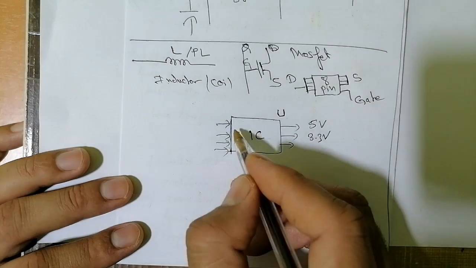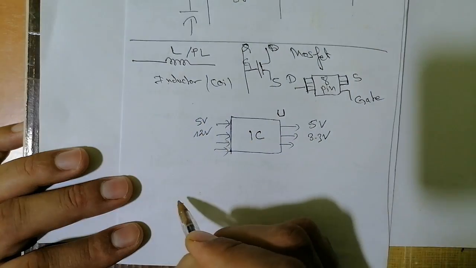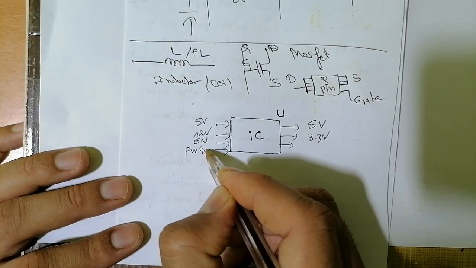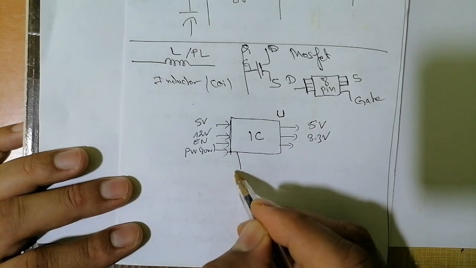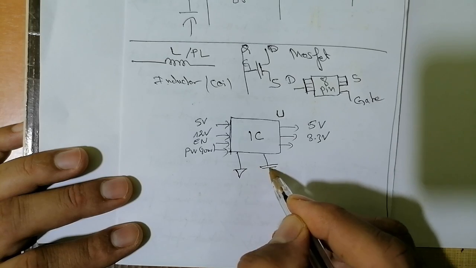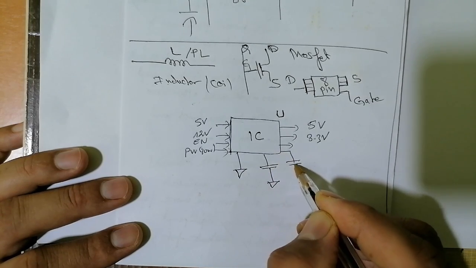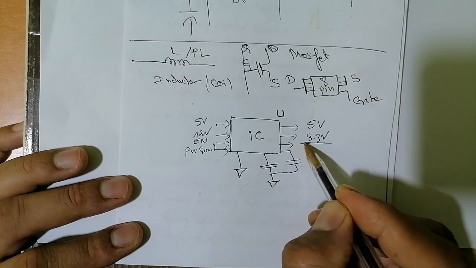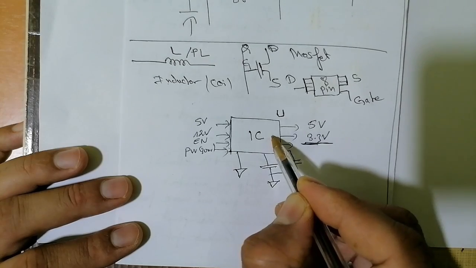The input could be, for example, 5 volts, 12 volts, enable, or power good. The IC is also connected to the ground and to many ceramic capacitors that are connected to the ground. So, for example, if you didn't get 3.3 volts, it doesn't mean that the IC is bad.